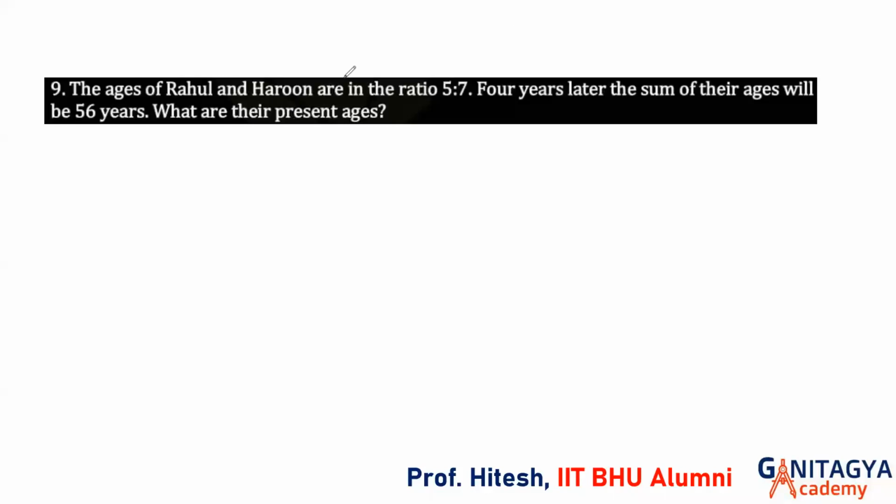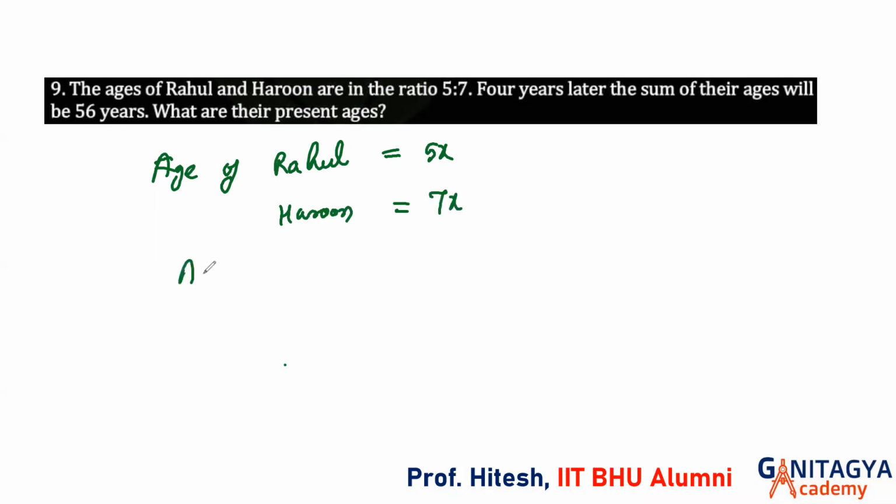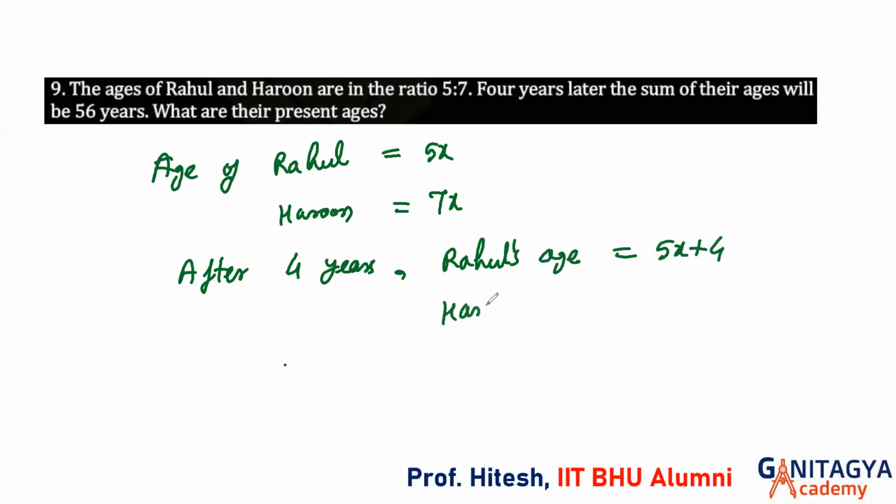So we can say the age of Rahul will be 5x and the age of Harun will be 7x. 4 years later, means after 4 years, Rahul's age will be 5x plus 4 and Harun's age will be 7x plus 4. The sum of their ages will be 56.